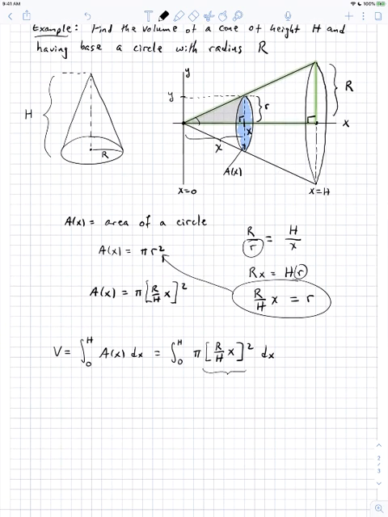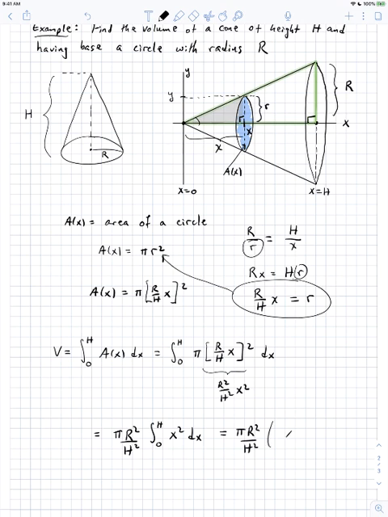We can simplify this, of course. This is r squared over h squared times x squared. R squared and h squared are constants. Pi is a constant, so you can take all of those out. So you're going to have pi times r squared over h squared times the integral from 0 to h of x squared dx.